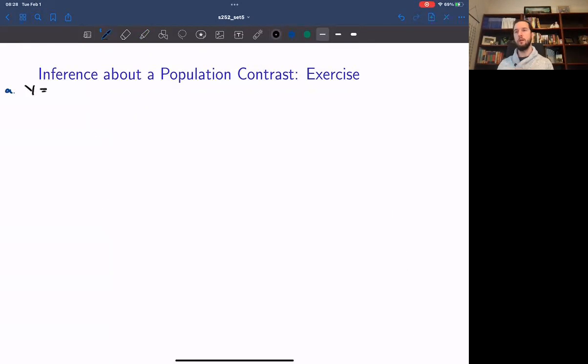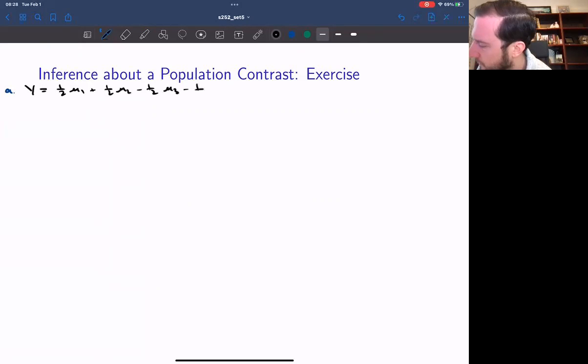The contrast that we are going to be working with here is one of the contrasts that we had set up when we started the lecture set. We're comparing the average of 0 to 99 to the average of 100 to 199. So this is going to be 1/2 mu1 plus 1/2 mu2 minus 1/2 mu3 minus 1/2 mu4.